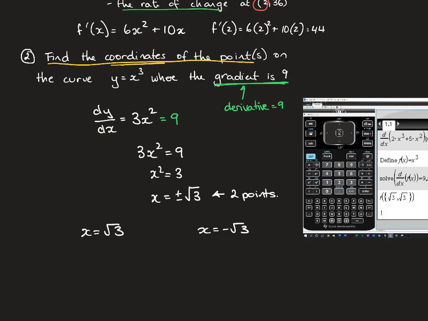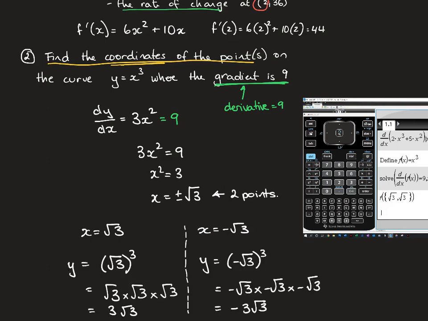So we'll need to substitute both of those values into our function. And when you substitute in root 3, you get root 3 cubed, which is root 3 times root 3 times root 3. And root 3 times root 3 is 3. And negative root 3 cubed is negative 3 root 3.